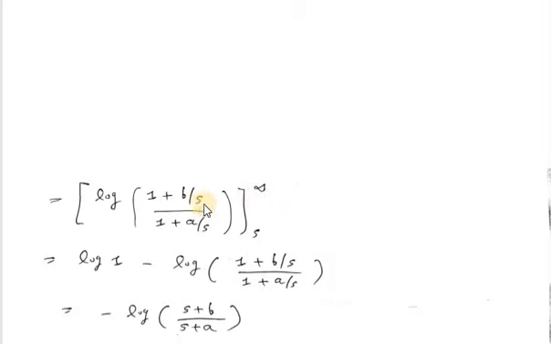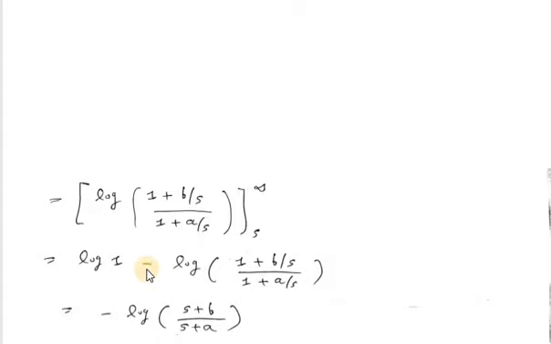It means we have to replace s by infinity. So it will become logarithm of 1 plus b over infinity over 1 plus a over infinity, and b over infinity will become 0, a over infinity will become 0. 1 plus 0 is 1, 1 plus 0 is 1, and 1 over 1 is 1. So finally it will become logarithm of 1.